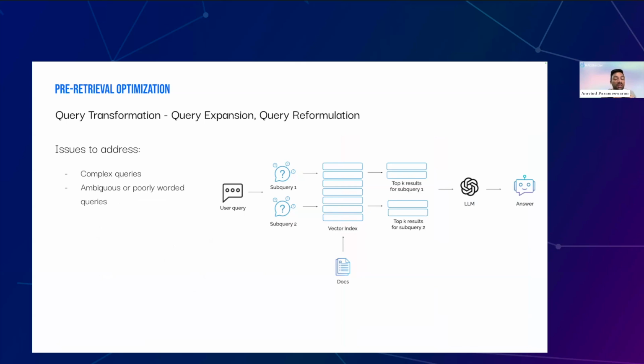And so often you'll have ambiguous queries or poorly worded queries, and a lot of times your RAG is facing customers who are probably not very technical, right? Your end users are going to be laypeople. And so for them, it's often going to be ambiguous or poorly worded queries, or maybe really complex queries, right? So how do you navigate that?